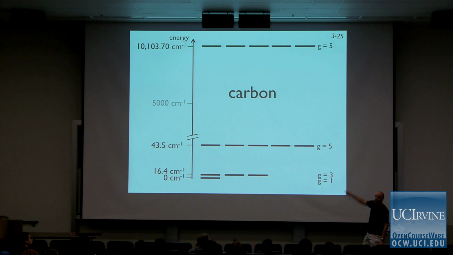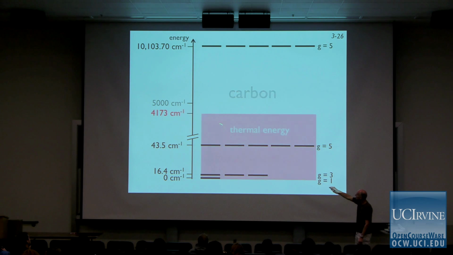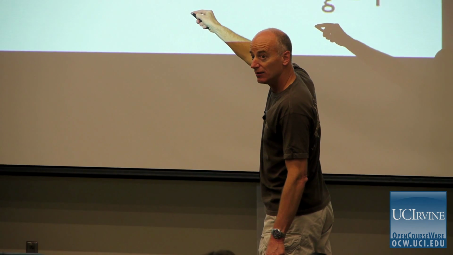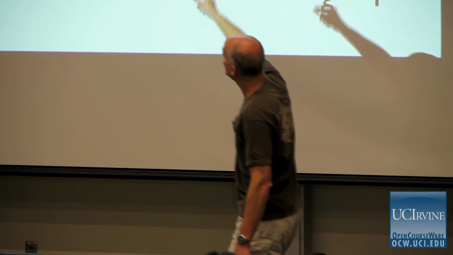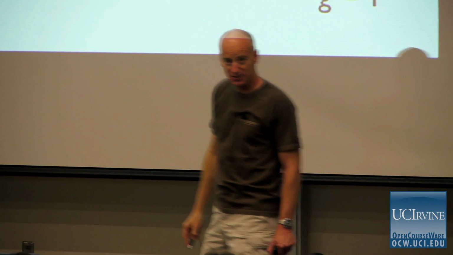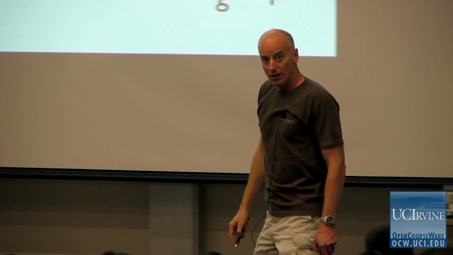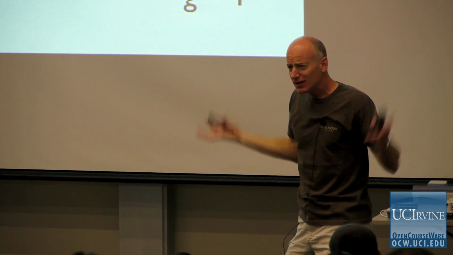That's the highest excited state, at 10,000, 103.7 wave numbers. Okay, where's the thermal energy on this diagram? It goes all the way up to 4,173. That's 6,000 degrees Kelvin. That's the thermal energy, and it tails to higher energies, of course. Okay, so what did we calculate for the partition function?